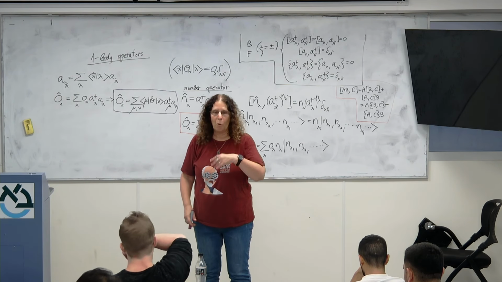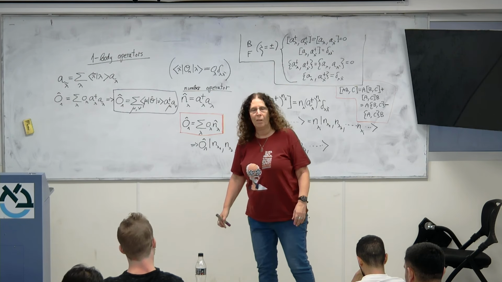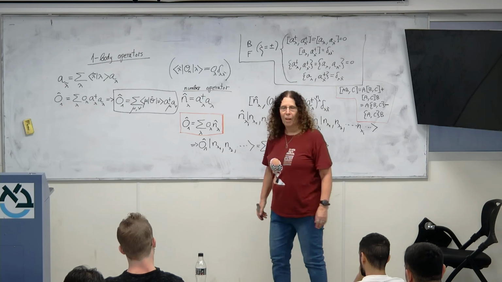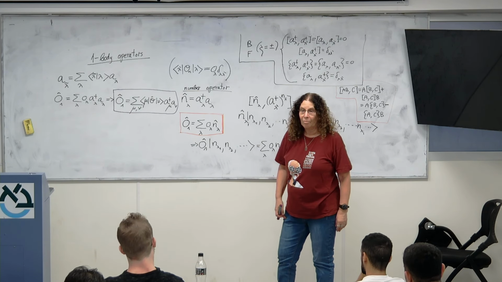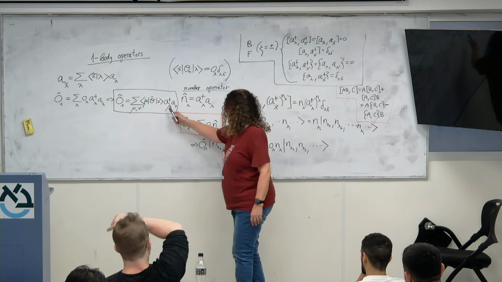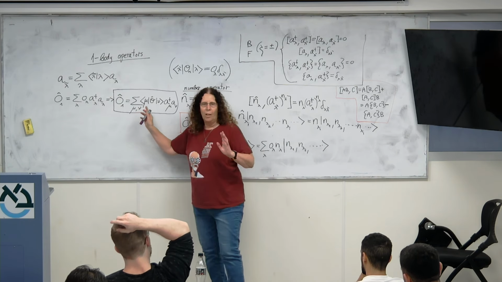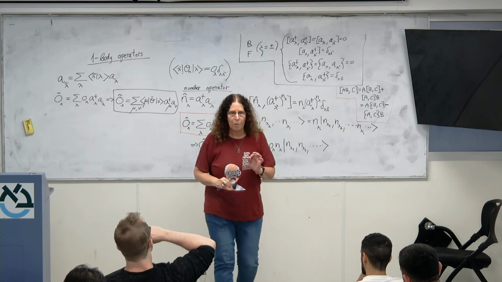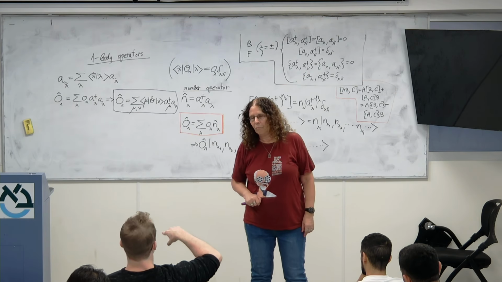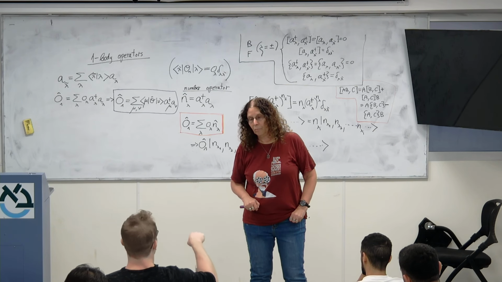So if you just had to make a wild guess, what will be the form of a two-body operator in terms of the structure? You sum over both particles. Yes, the summation. Notice the summation here is only over indices of quantum numbers, right? With summation over non-coupled creation and annihilation operators.